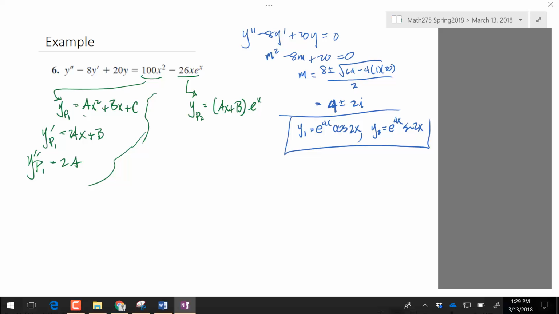All right. Let's work on the y sub p1, our first particular solution. So we have our derivatives. Hopefully I did the derivatives correctly, and then we're going to punch them all in.